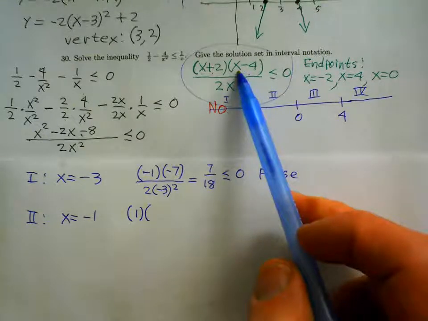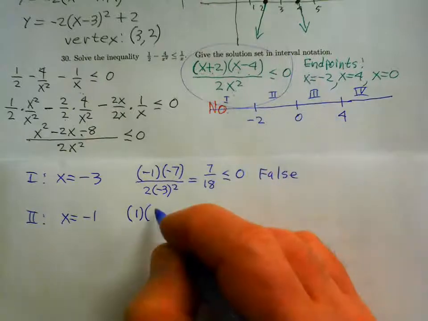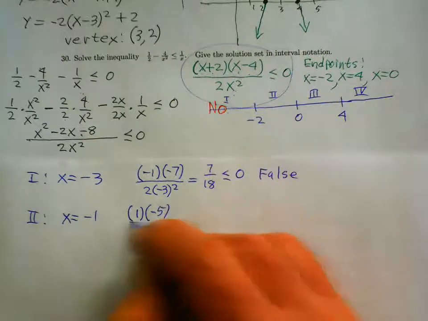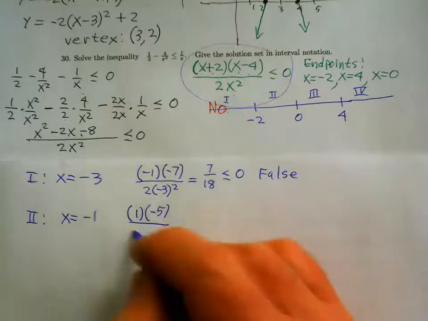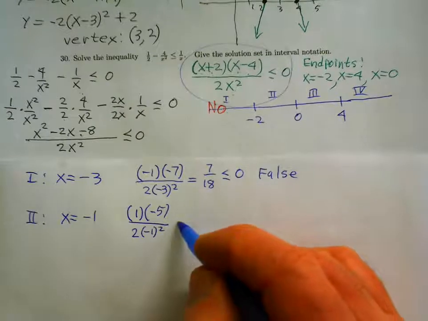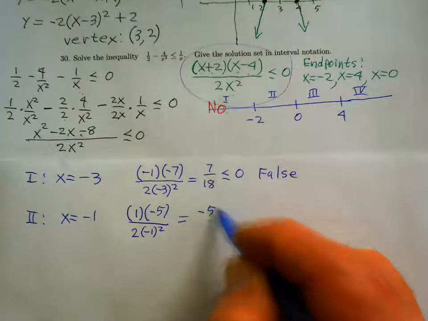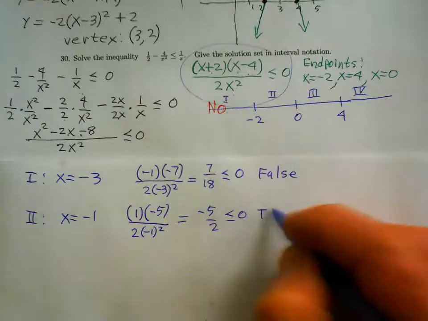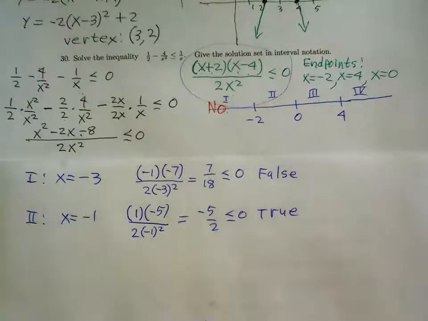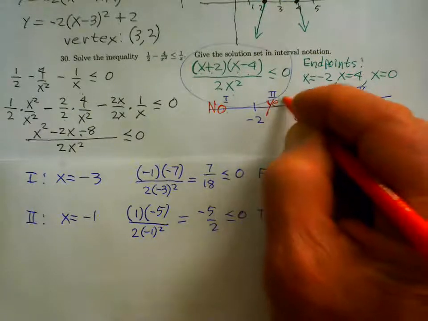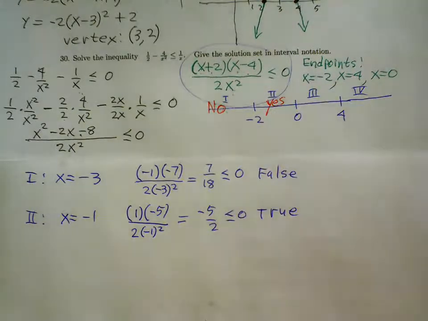And -1 minus 4 is -5. In the denominator, 2 times the number -1 squared is just +2. So this number is -5/2. The inequality is less than or equal to 0, and that's true. So the numbers between -2 and 0 are solutions.